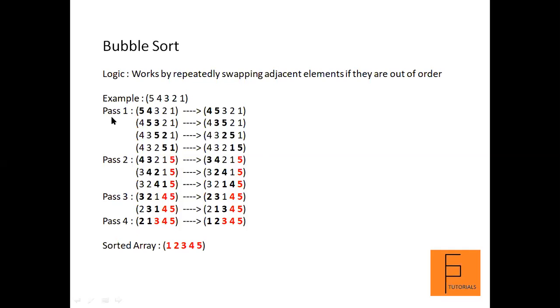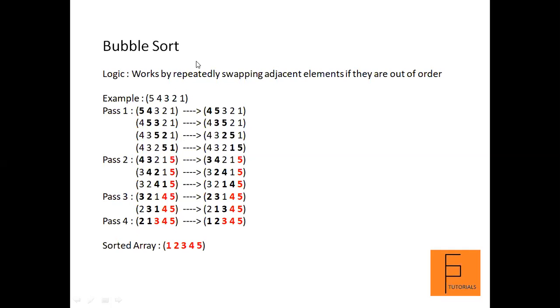So after pass 1, you can clearly see that the largest element in your array has been placed right at the end. The largest element in my array is 5. After the first pass is completed, 5 is at its right position. And remember, why is it named bubble sort?